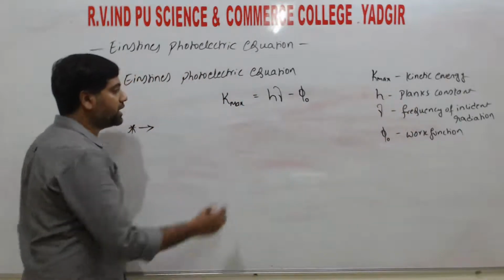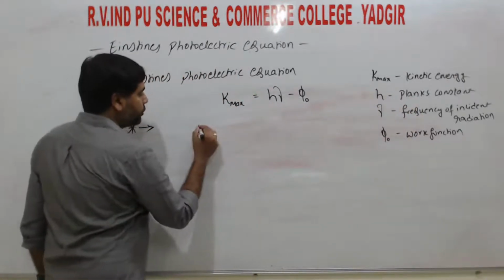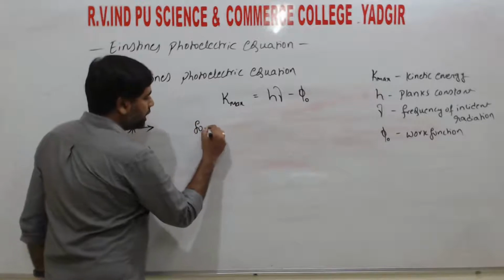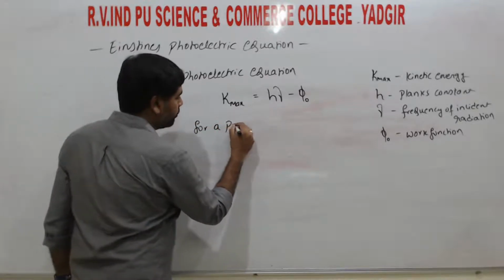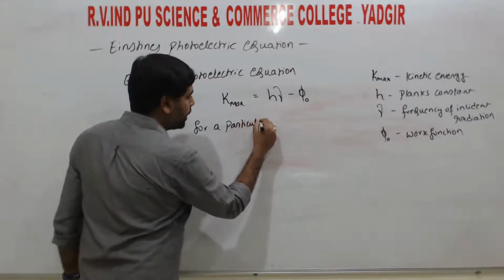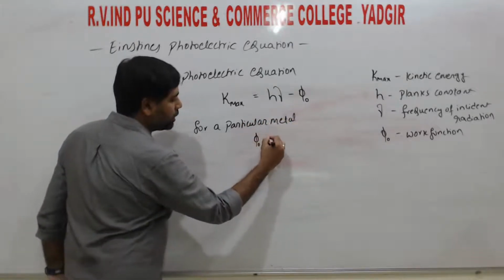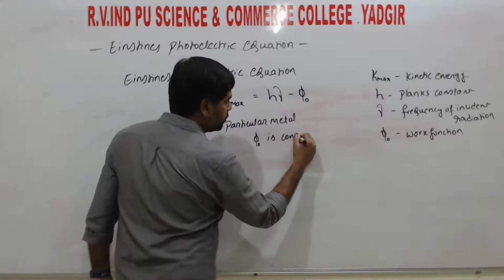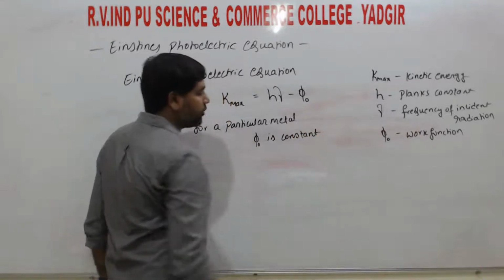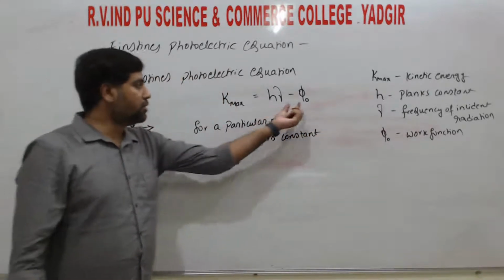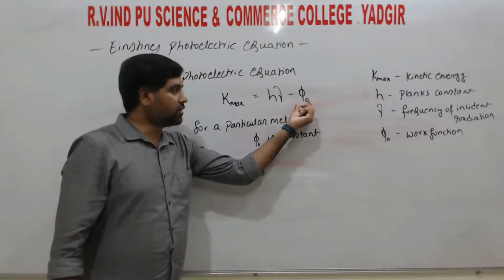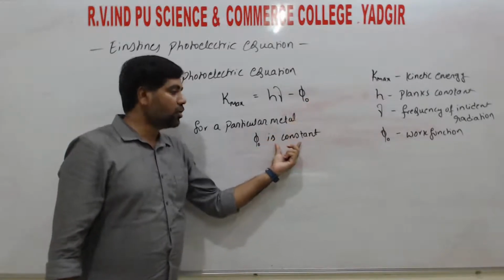Then we have the relation, that is, for a particular metal phi naught is constant, so different metals have different values, but this value will not change, it remains constant.